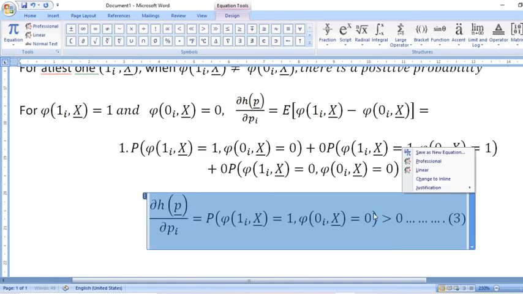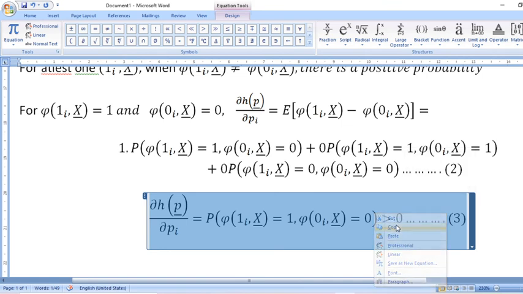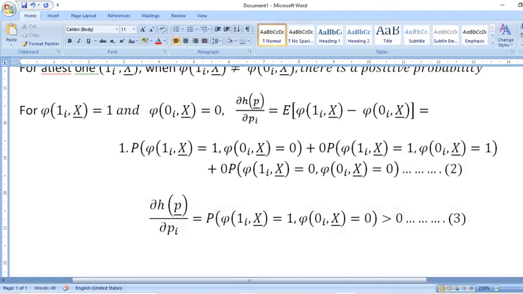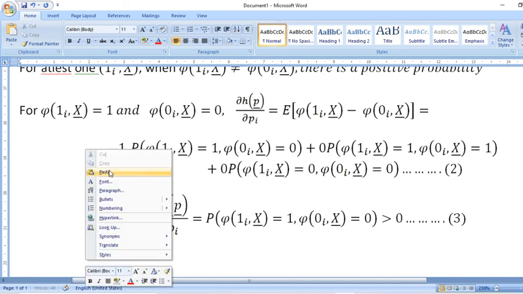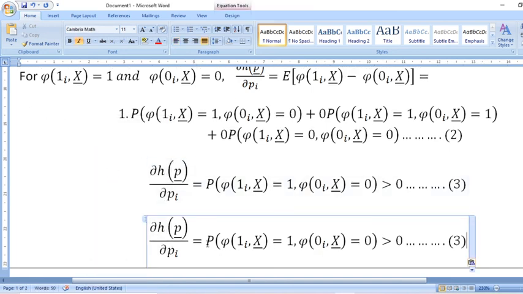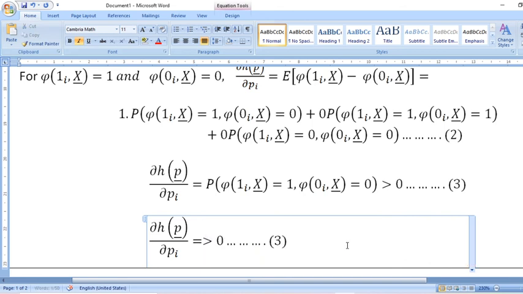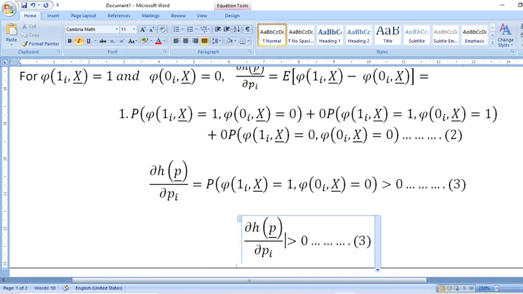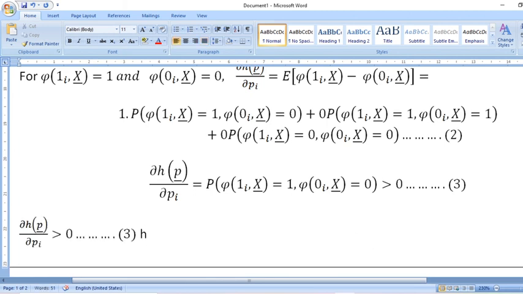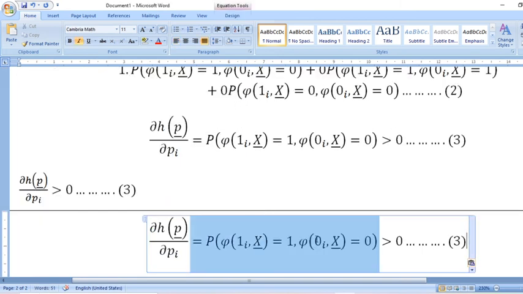So what is the result? Greater than 0. That means the partial derivative of h of p with respect to p is greater than 0. That means h of p is increasing.